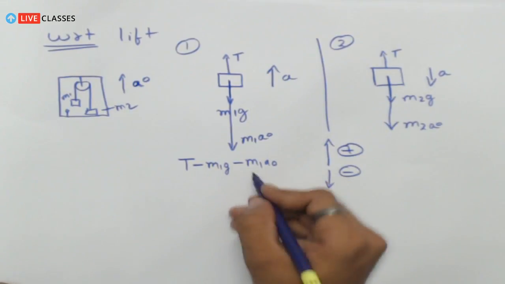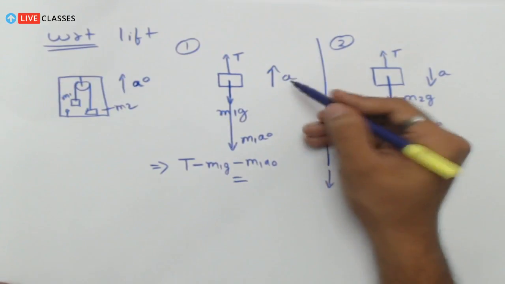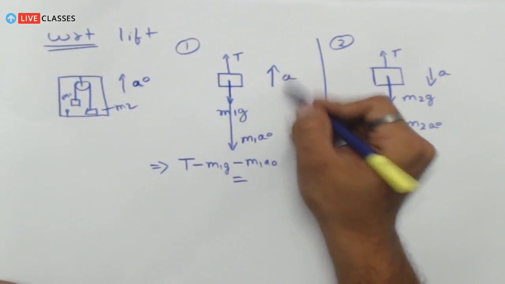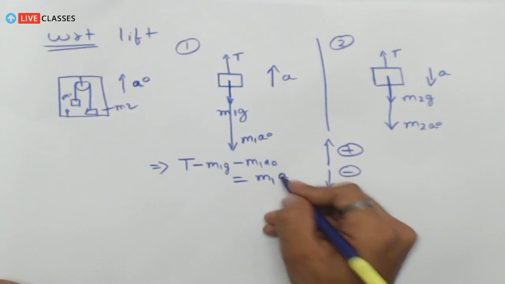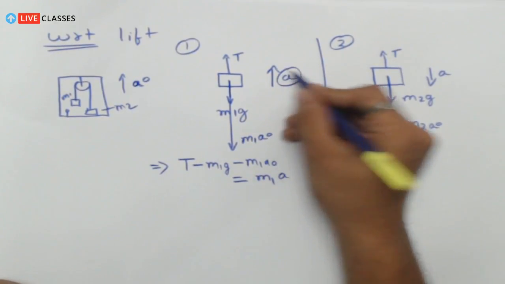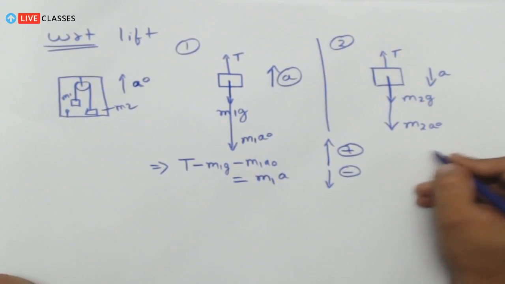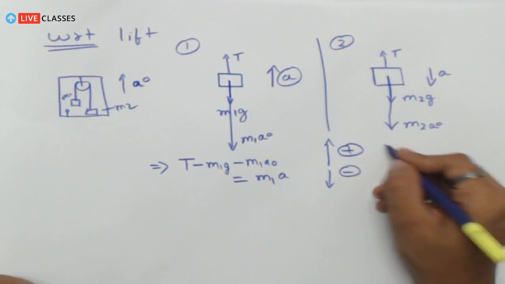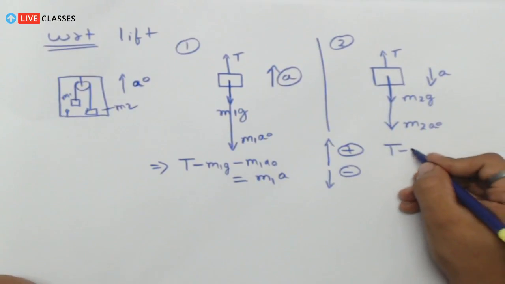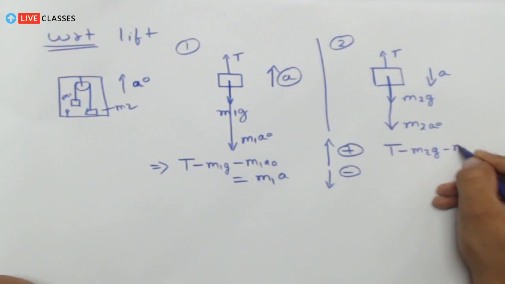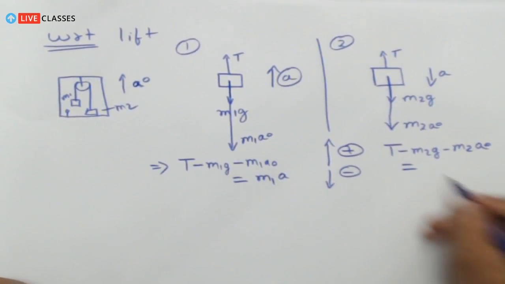Equals, we are assuming the acceleration is upwards, A, mass of the block times acceleration. Remember, this is with respect to the lift. Now we are going to write the force equation of the second block. Same, T is acting upwards, M2G minus M2 A0 equals what?